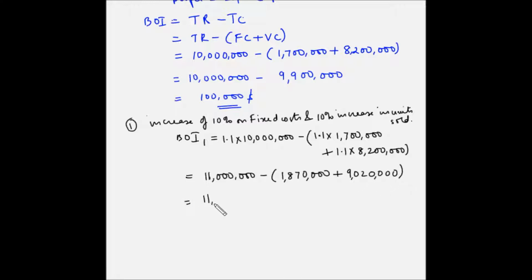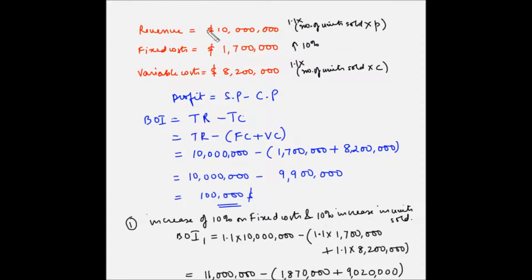So this is equal to 11 million minus 10.89 million, and this is equal to $110,000. So basically, if we increase the fixed cost by 10% and we also increase the units sold by 10%, then the budgeted operating income increases by $10,000, because earlier it was $100,000 and now it is $110,000.